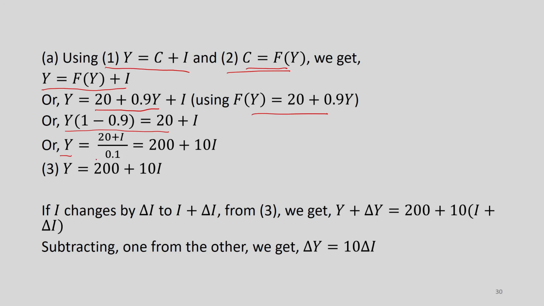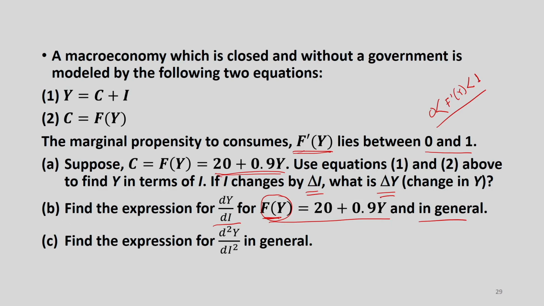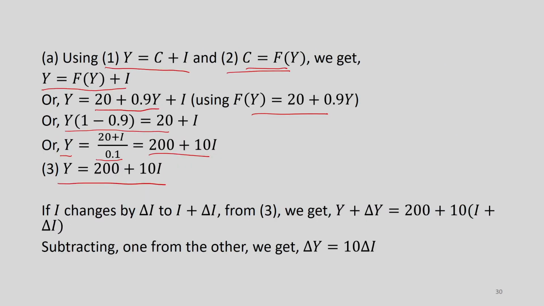So I get 20 plus I divided by 0.1, which turns out to be 200 plus 10 I. So y is equal to 200 plus 10 I. That was one question that was asked, to find y in terms of I. That is what we have done.